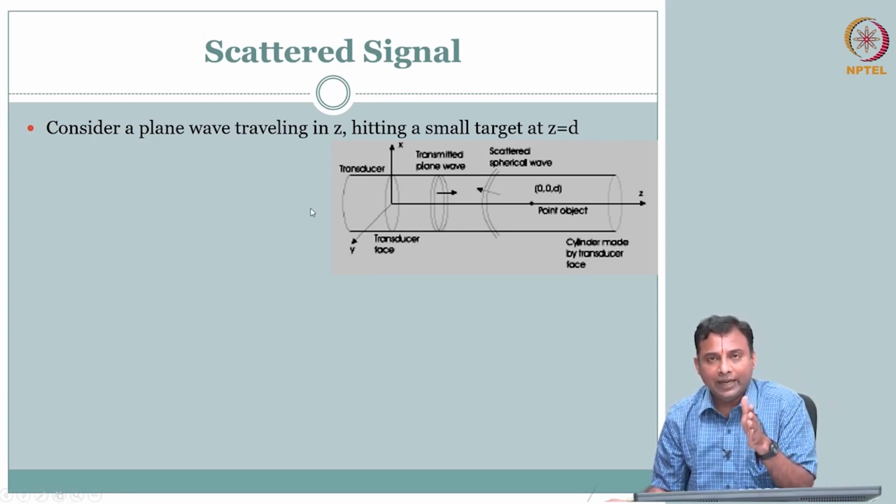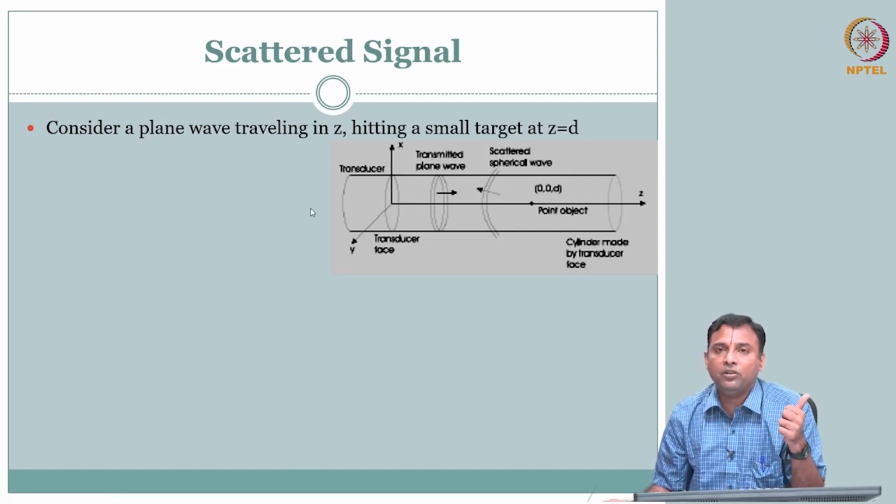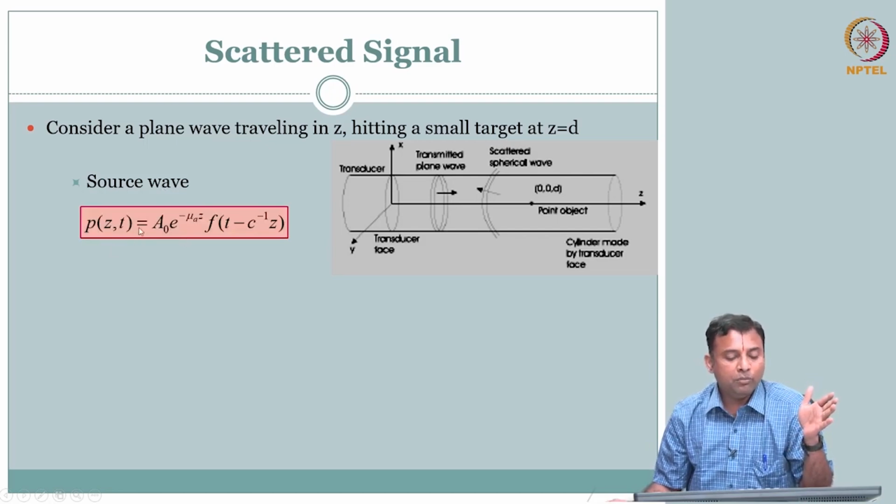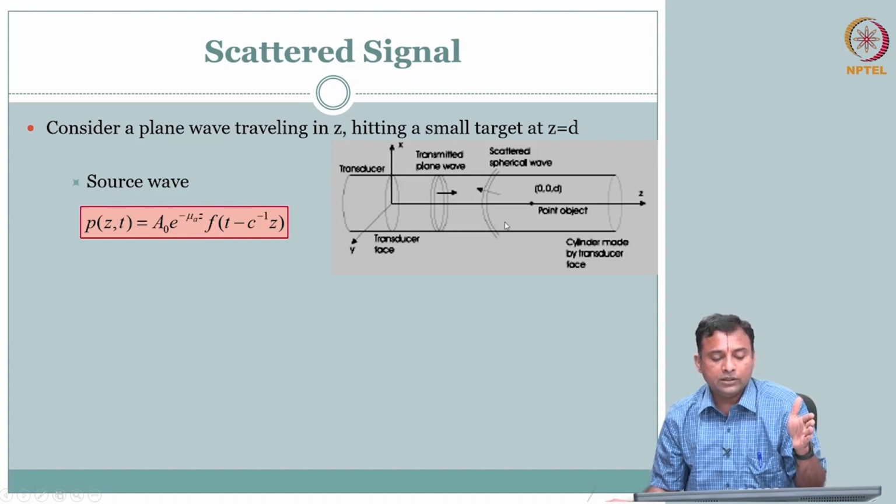So we can write our plane wave equation, which we know. We can also write our wave equation in spherical coordinates, which we also know from before. But how do we relate those two? We relate them in terms of the reflection coefficient, R. So you can write your source wave, which is your plane wave, as A naught e to the power minus mu A. This is the one that is coming and hitting.